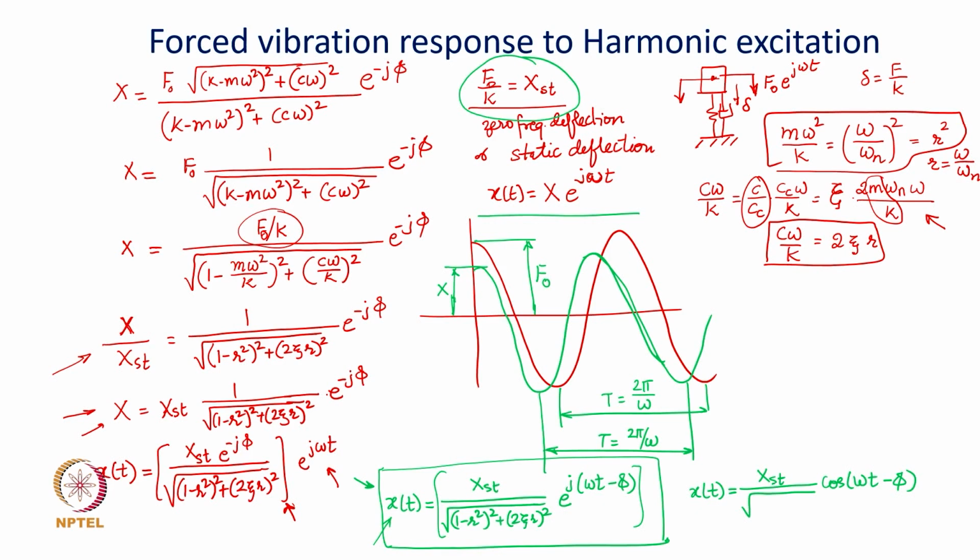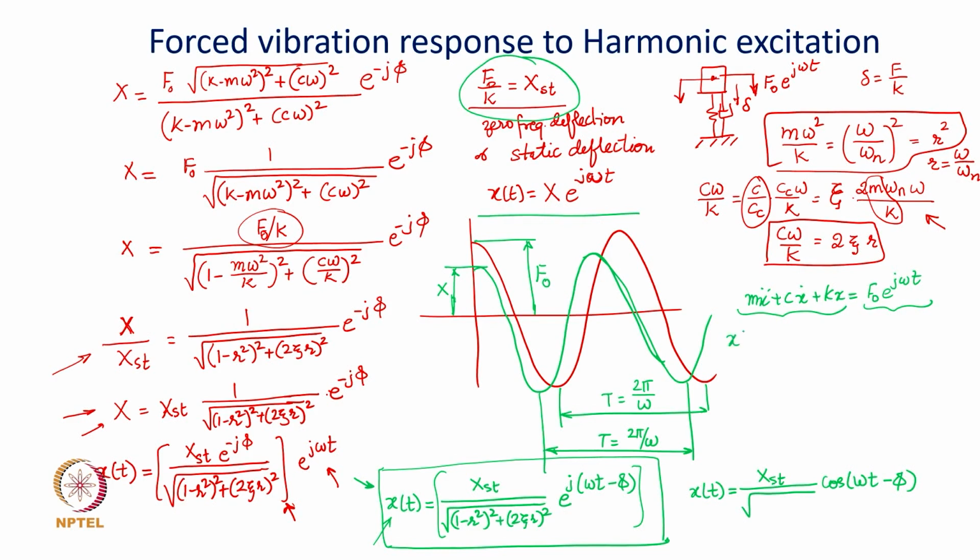However, the response is also contributed by the solution of the homogeneous part of the total equation, m x double dot plus c x dot plus k x equal to, let us say, F naught e to the power j omega t. We have got the particular integral part of the solution. The solution to the homogeneous part of the equation is not included.